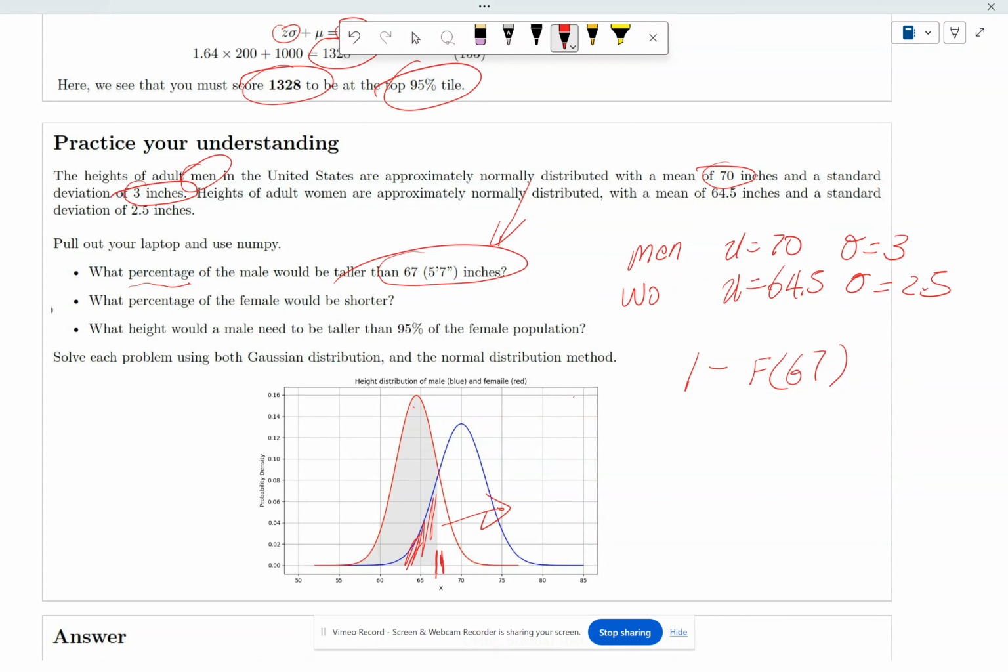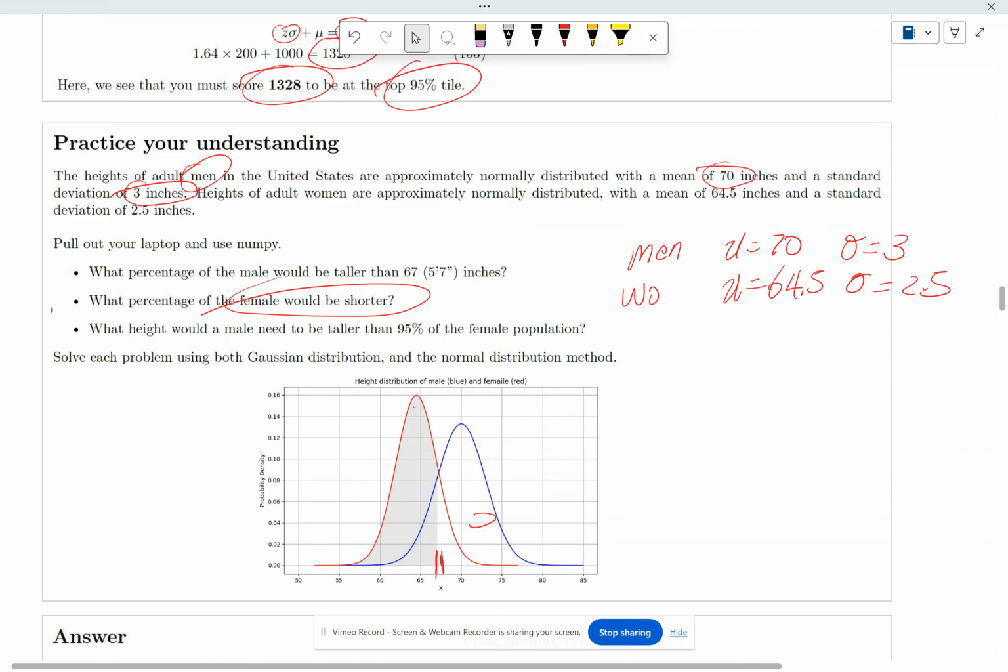What's the probability somebody is taller? So it should be the opposite. And then what percentage of the females will be shorter? Well, then you use this again and see if you can calculate the percentage of females that are shorter.